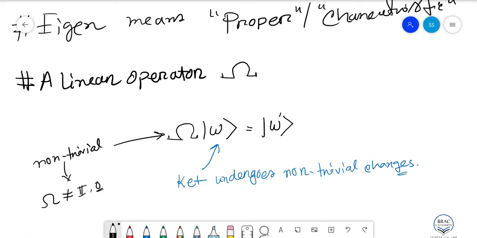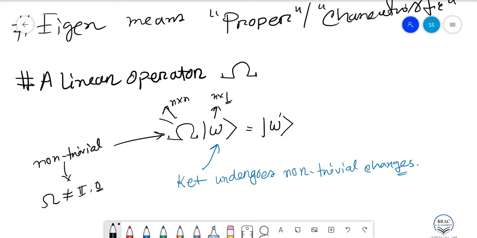This is what a linear operation does, and the very familiar example is matrix multiplication, where omega can be an n cross n matrix, and this small omega over here can be an n cross 1 matrix, that is a column matrix, right?